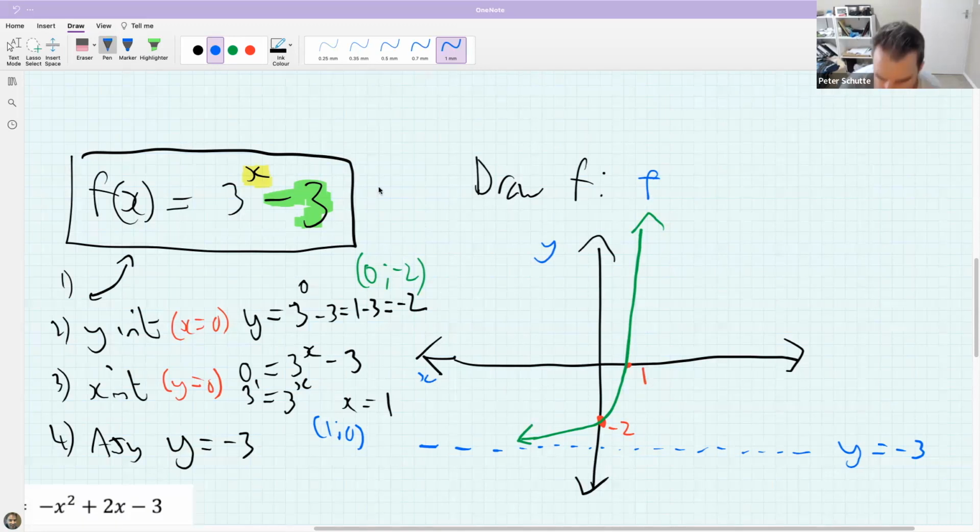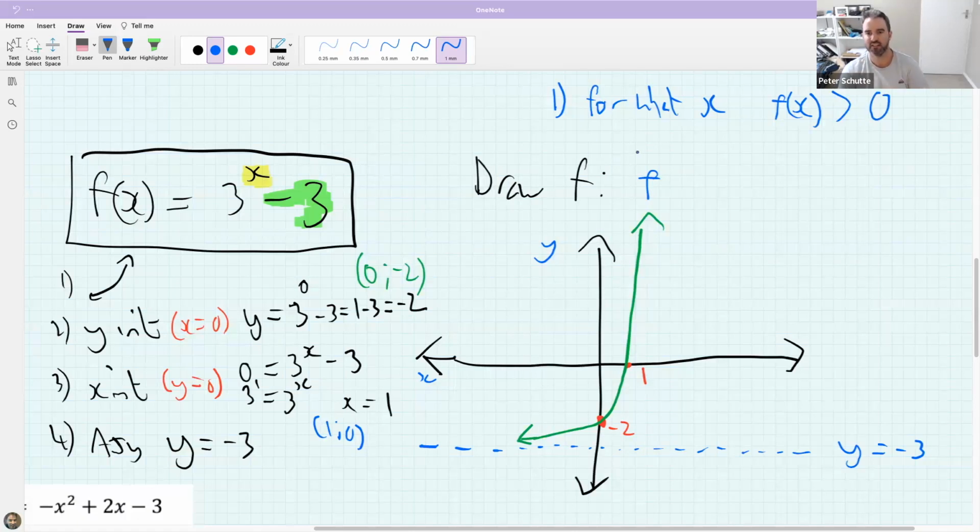Okay, now some interpretation questions just to end things off. Here's my first question: for what x is f of x greater than 0?